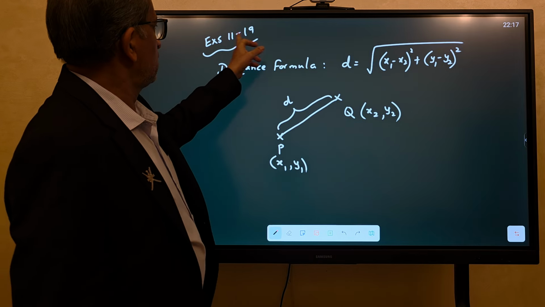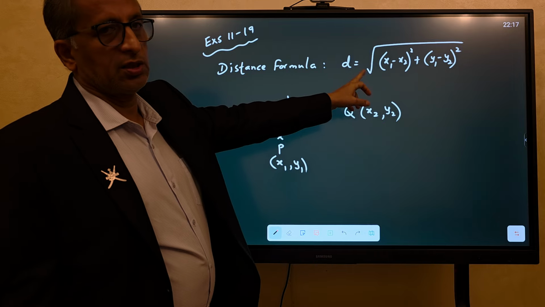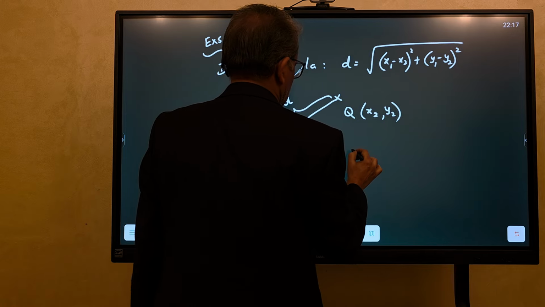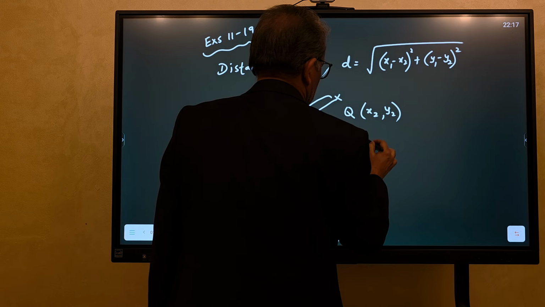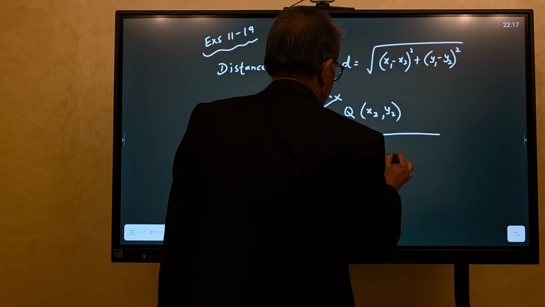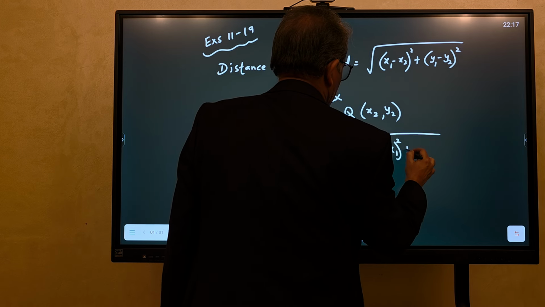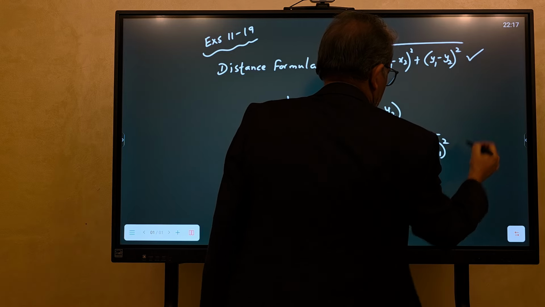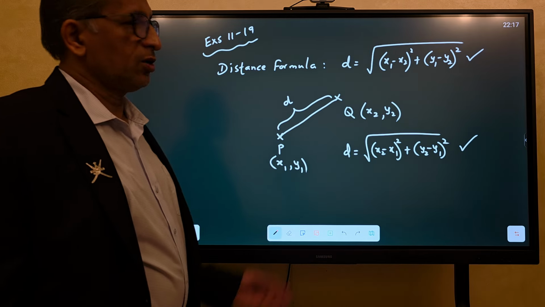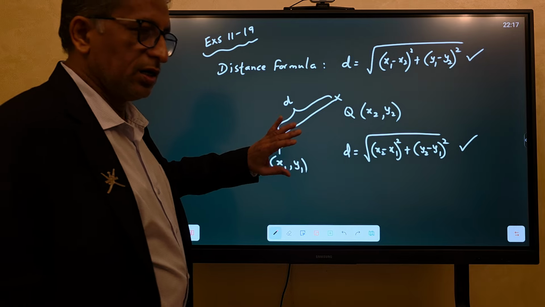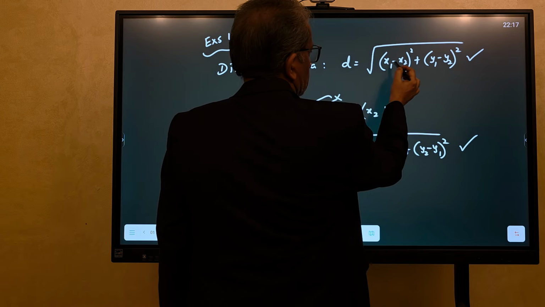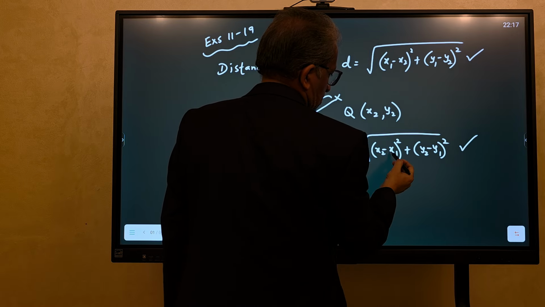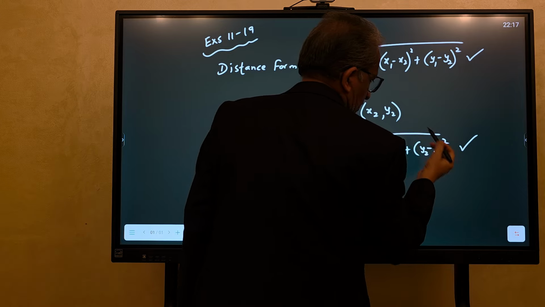So in all of questions 11 to 19, we are using this same formula. Either you use this or you can use this also, it will give you the same answer: (x2 minus x1) square plus (y2 minus y1) square. This is also the same. But don't mix them. That means if you use x1 minus x2, use y1 minus y2. If you are using x2 minus x1, here also you use y2 minus y1.